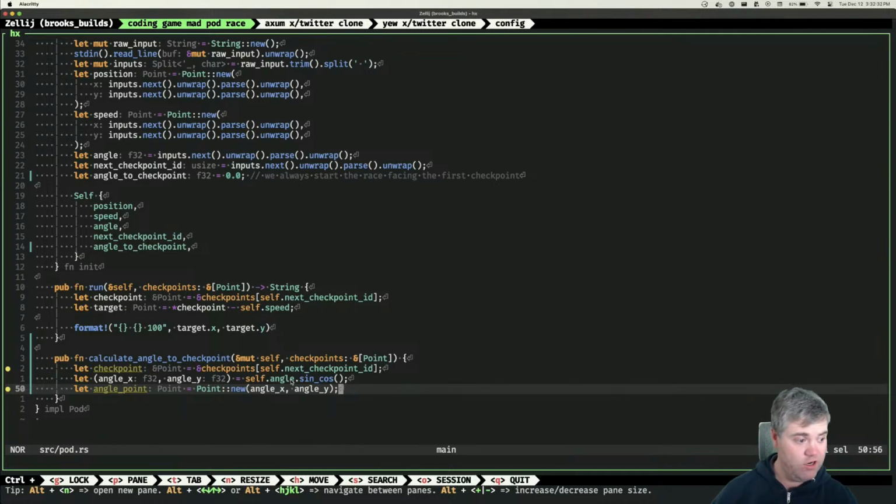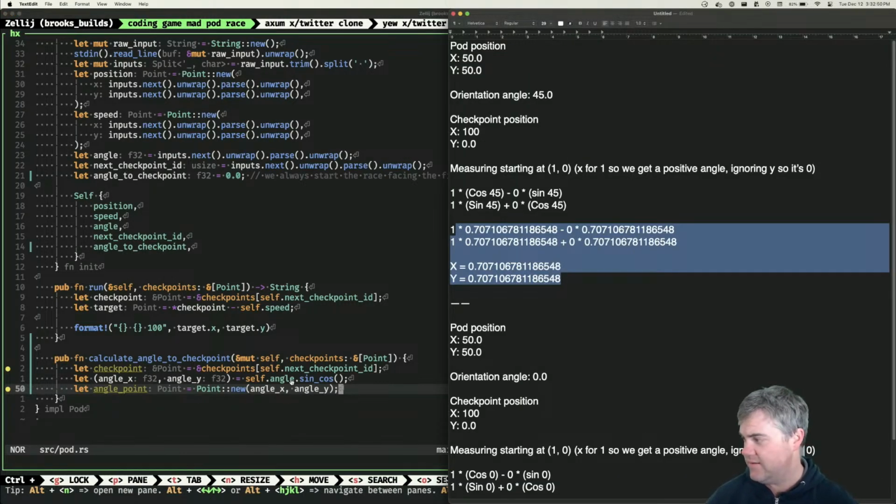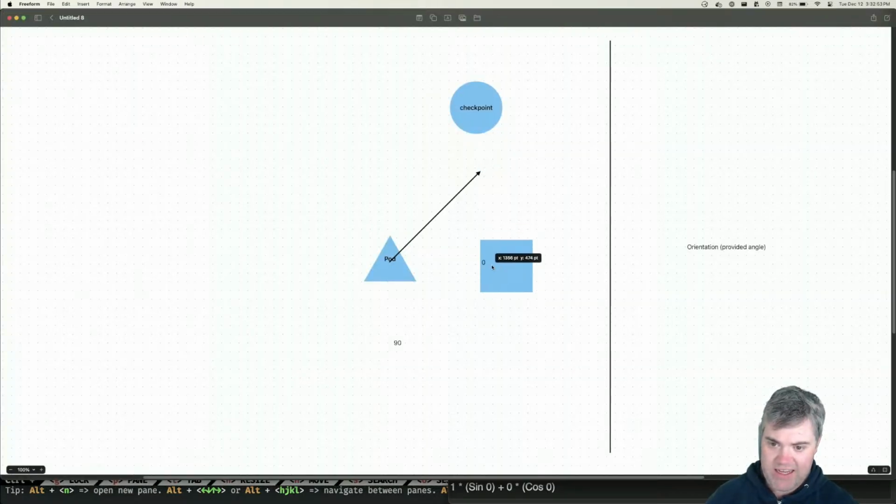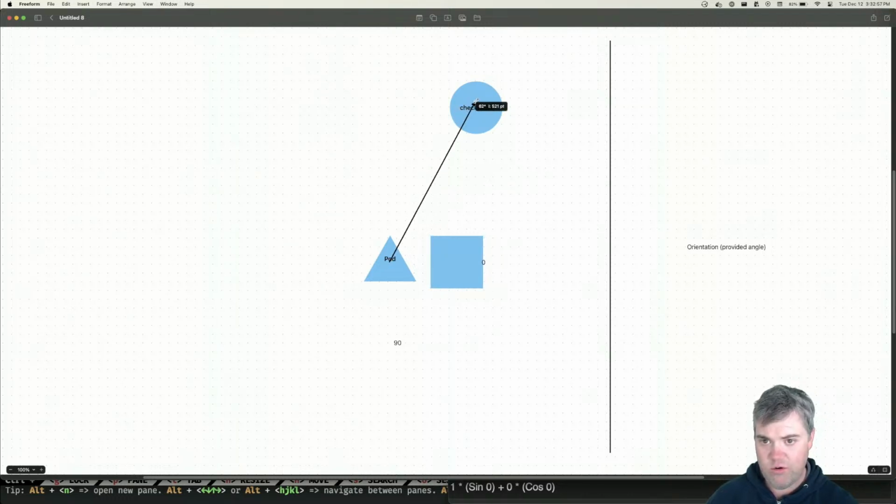Well, I don't have a current vector. Oh, the current position to the checkpoint. I don't know if I need that right now. I need to calculate where this is, like some kind of anchor. So I already have a line for this.